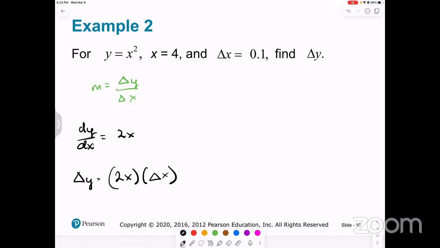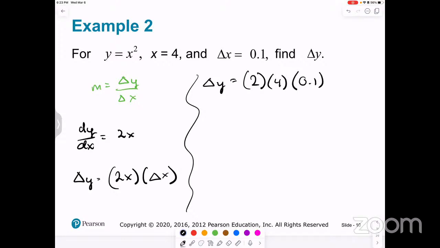Now they gave us information here. Delta y is going to be 2 times x, and it says that x is 4, and delta x is 0.1. So I guess 0.8. And again, I did that based on the slope formula, slope being the change of y over the change in x, also with slope being the derivative, right? I basically just took the derivative.